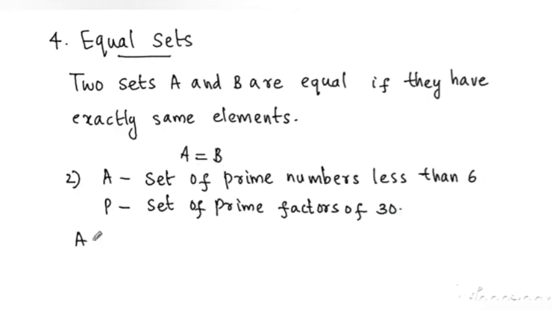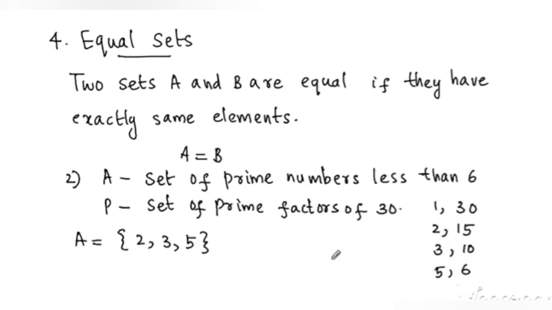In set A, the prime numbers less than 6 include 2, 3 and 5, and the factors of 30 are 1, 30, 2, 15, 3, 10, 5, 6. In that case, you can see the prime factors are 2, 3, 5. So these two sets contain exactly the same elements. So in this case also A equals B.